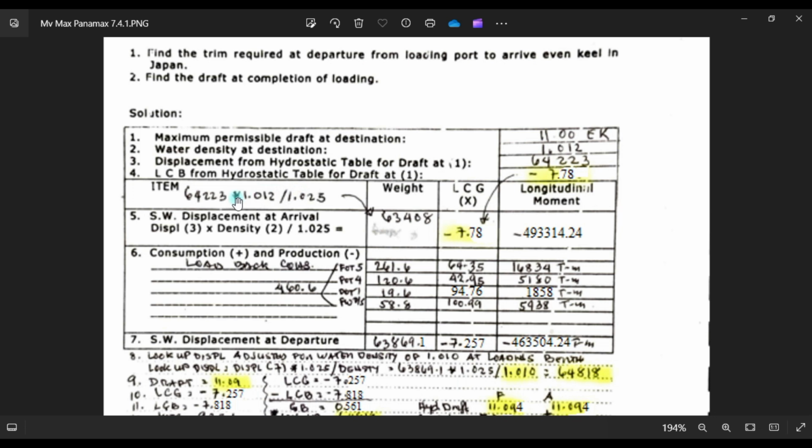This is the formula, guys. The displacement of 64223, which is this one, multiplied by 1.012, which is the density in Japan, over the constant of 1.025. And the value of the displacement at 1.012 is 63408. We'll check, guys.